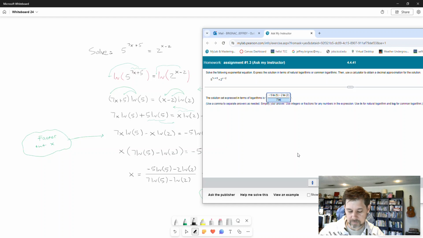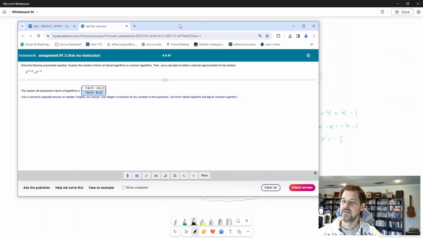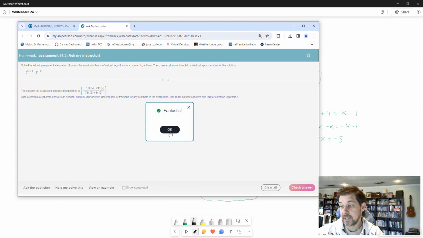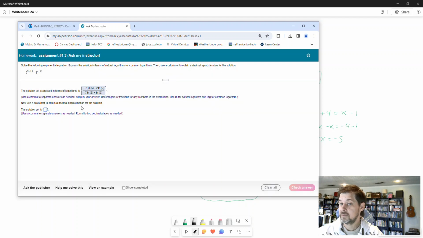I'm going to put parentheses just in case. 7 natural log of 5 minus natural log of 2. Okay, so there it is. Typed it in. I might double check it if I'm concerned. And I will check my answer at this point and see, and it's correct. So you see that's what it's looking for, to express the solution in terms of logarithms.